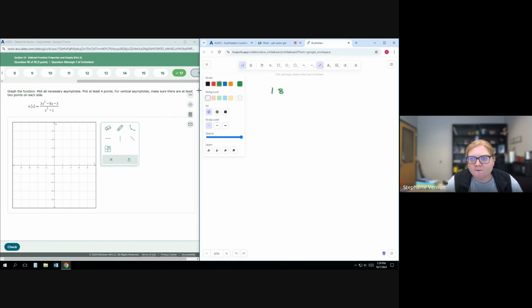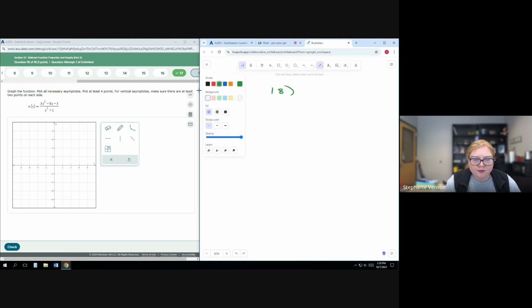Okay, we have n of x equals 3x squared minus 8x minus 3 over x squared plus 1. Again, let's start with the vertical asymptote. We do want to see if anything cancels, so let's consider the function as a whole. Let's back up for a minute.